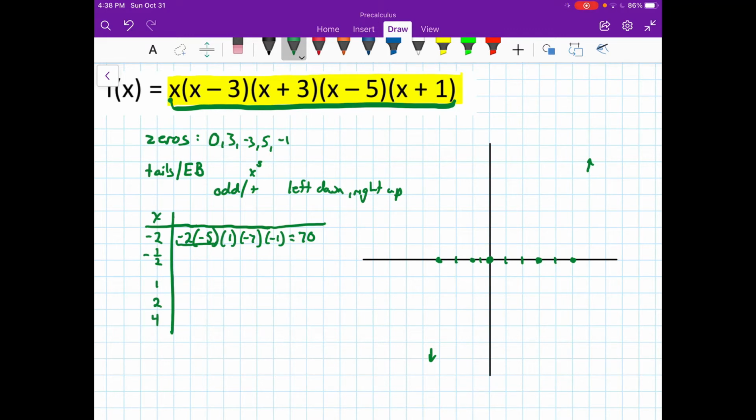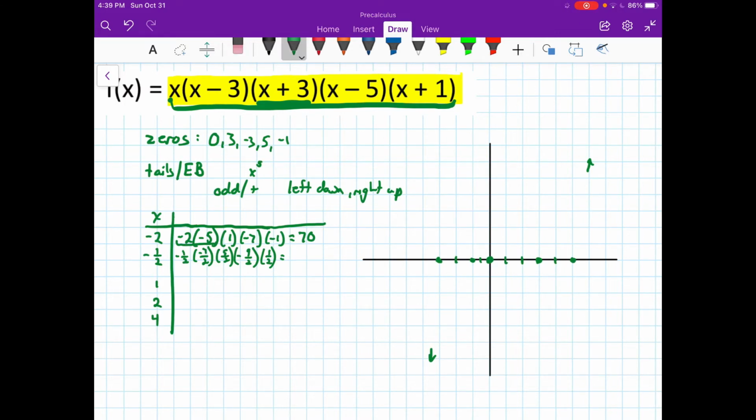Now put in -1/2. -1/2 minus 3 is -3.5, or -7/2. Putting -½ in here, that's 2.5, which is 5/2. Putting -1/2 into the next part is -4.5, so -9/2. And -½ plus 1 is 1/2. All right, we have 3 negatives here, which is going to make our answer negative.